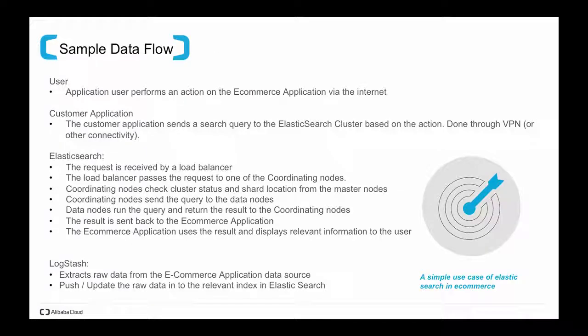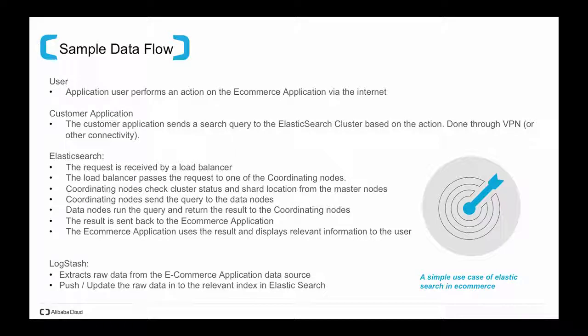All right. Now let's look at a sample data flow for an e-commerce application, if you had Elasticsearch deployed under it. So if you have an e-commerce application user, the application user performs an action on the e-commerce application via the internet.